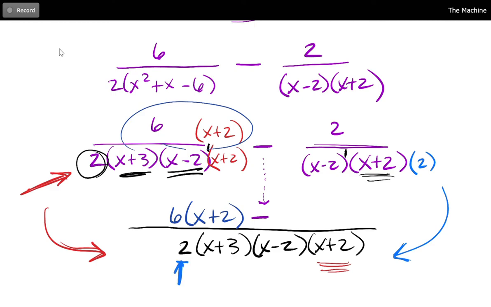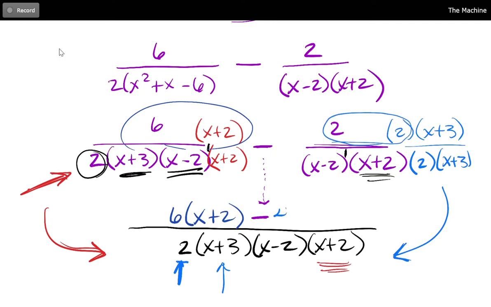Okay, it's got an x minus 2 and it's got an x plus 2. It's also missing an x plus 3, so I need to multiply this by x plus 3. So in the numerator, right, it's times 2 times x plus 3. And now if I put this together, I'm going to combine those right there into a 4. It's 4 times x plus 3.